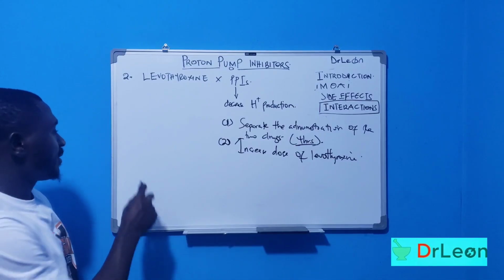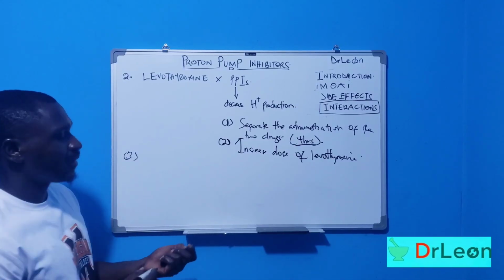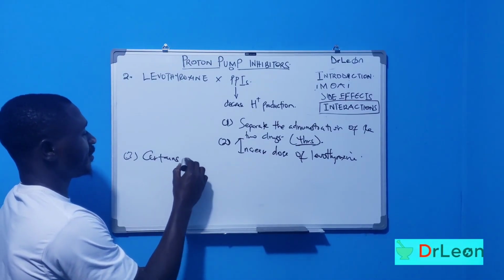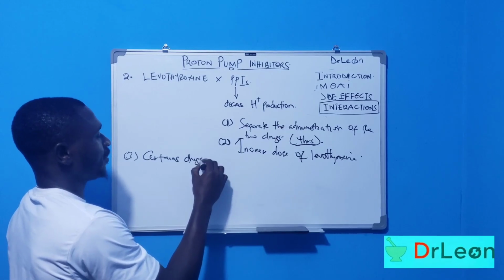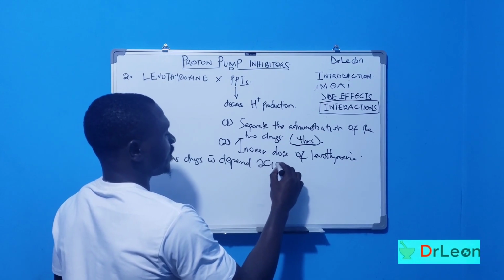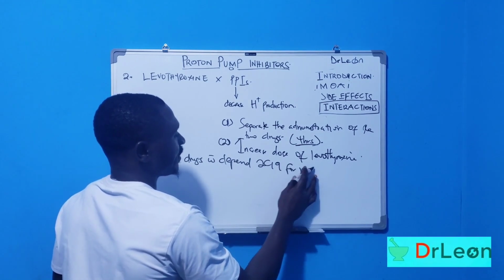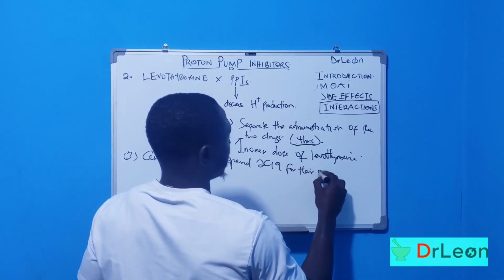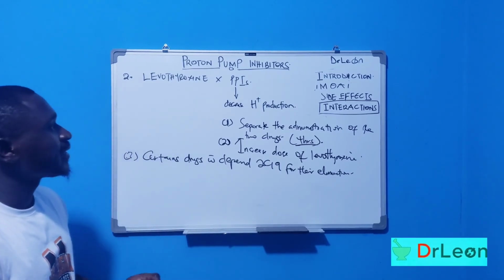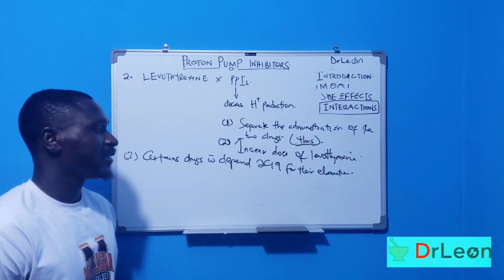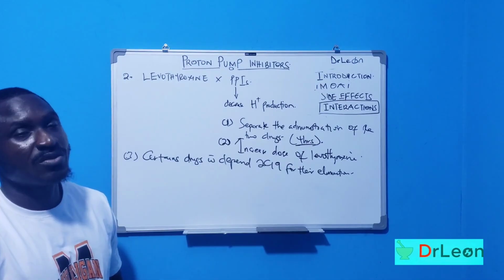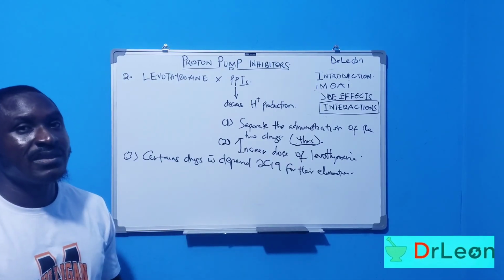The last interaction that we can talk about is certain drugs which depend on 2C19 for their elimination. So as we said, the proton pump inhibitors are metabolized by the 2C19, and some of them, like omeprazole and esomeprazole, actually inhibit the 2C19.